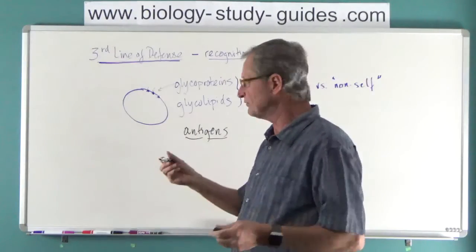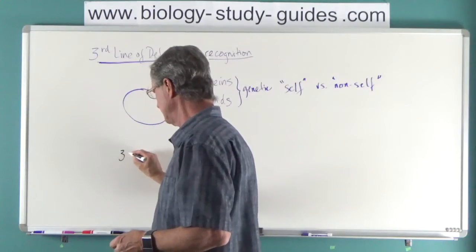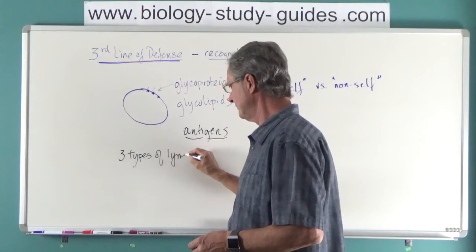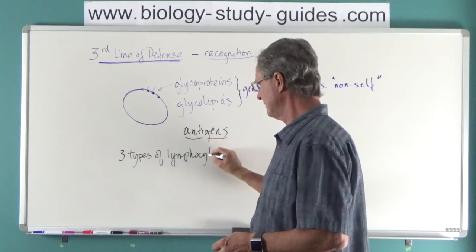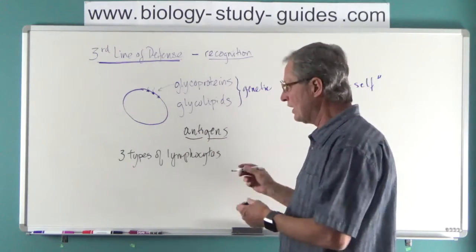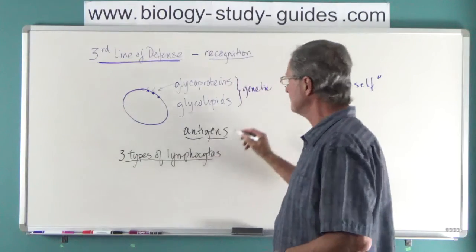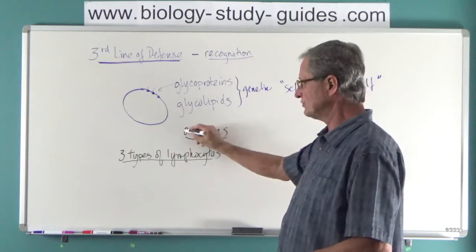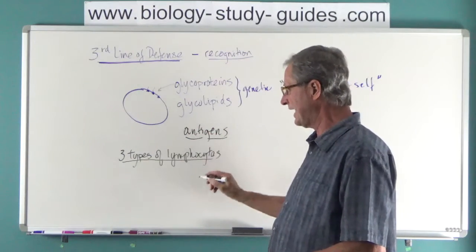There are three types of lymphocytes. And all three of them are capable of recognizing what's going on when there's an invasion of some foreign pathogen or some foreign antigen. So if it's not common to your body, it's called a foreign antigen.